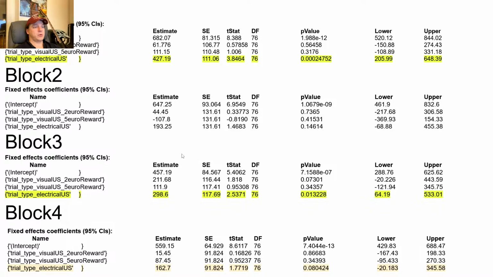In the third block, electrical US is higher, but the estimated response is lower. In the beginning it was almost half a millimeter, and now it's like 0.3. And in the fourth block, once again, almost no difference. There is only a trend-like difference. So electrical US is still a little bit higher.